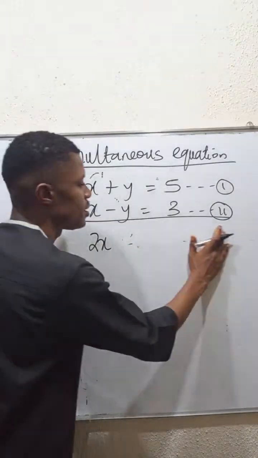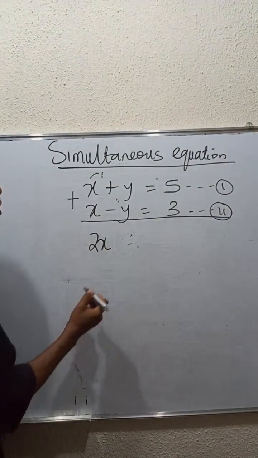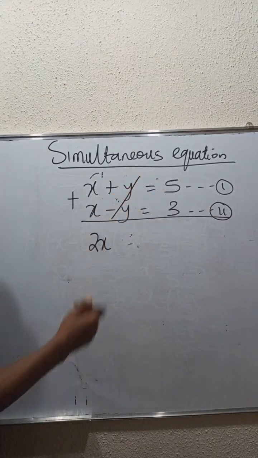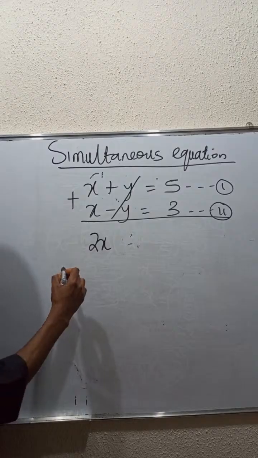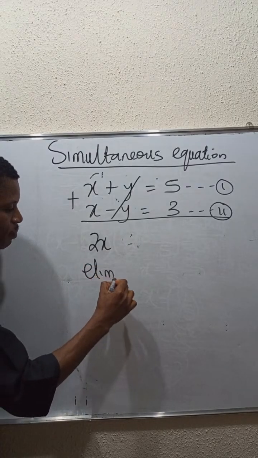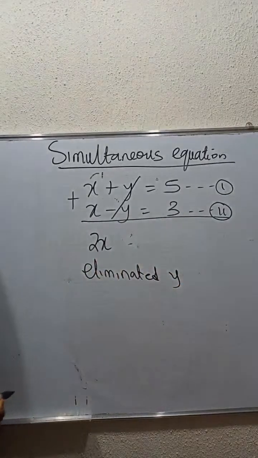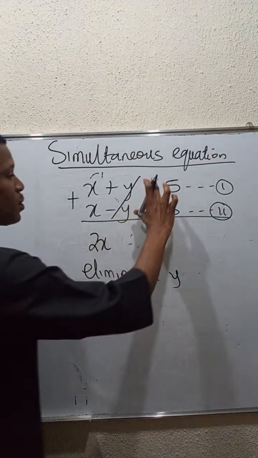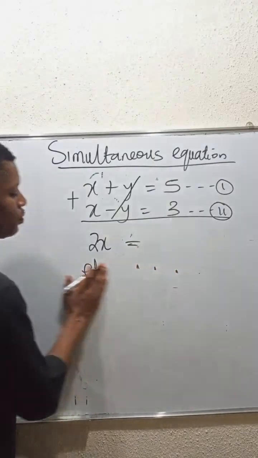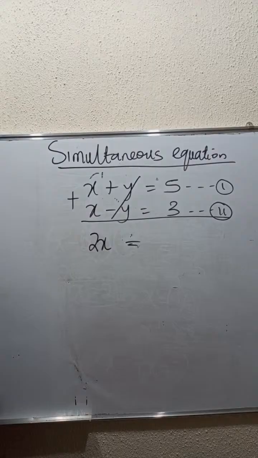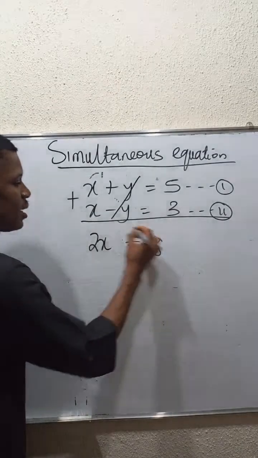So you can now see clearly that y minus y is 0. At this point, we say we have eliminated y. Then, 5 plus 3 is 8.